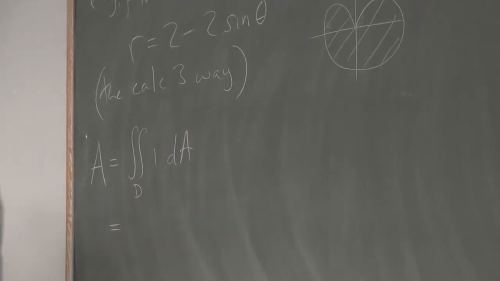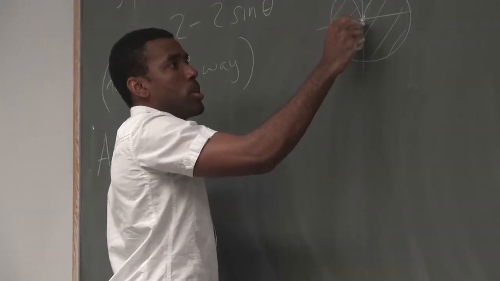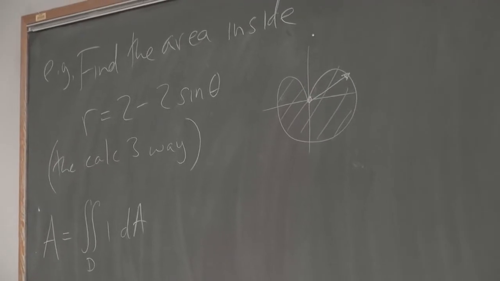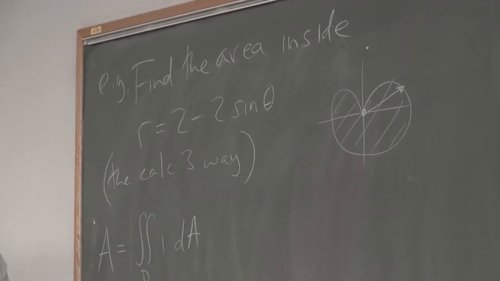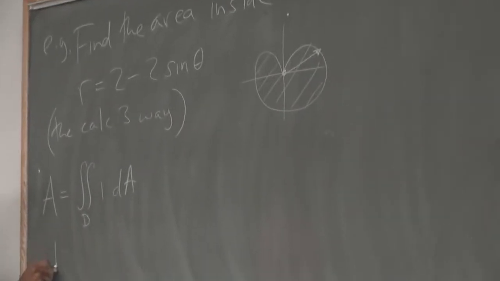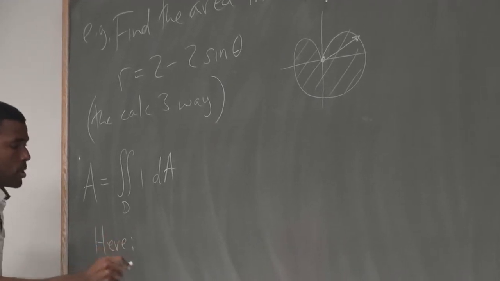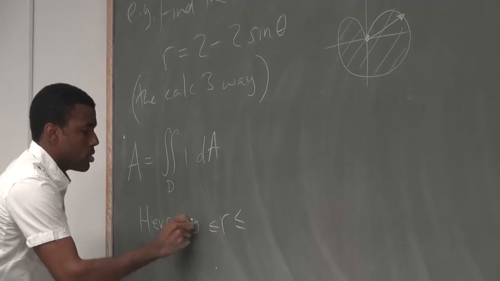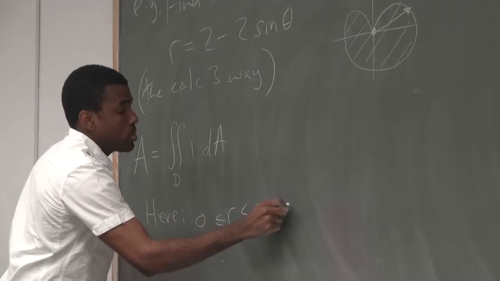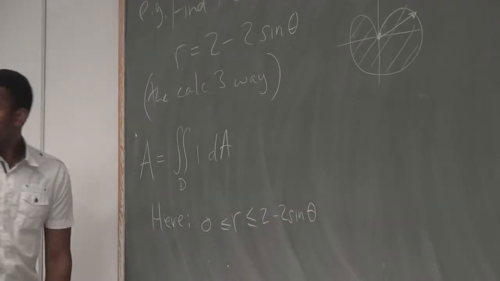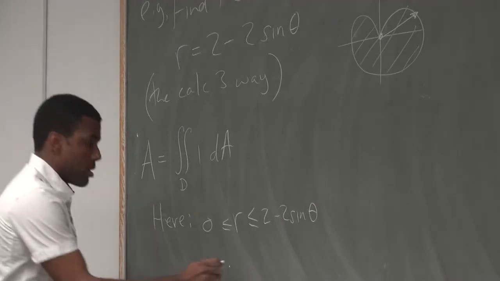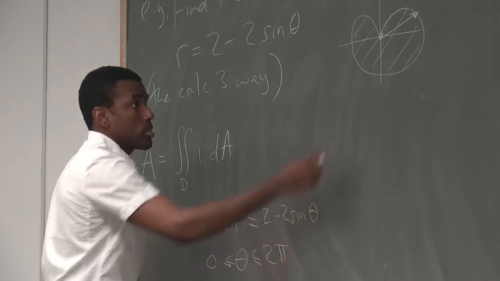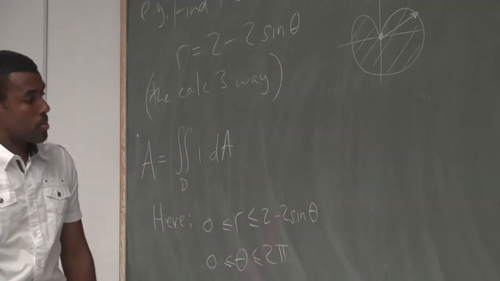Now here, your r is measured from the origin out to the curve, right? And that curve is actually described in terms of a function. So here, I can describe my region as r goes between 0 and 2 minus 2 sine theta, right? And my theta goes from 0 to 2 pi, because I'm covering all 4 quadrants.